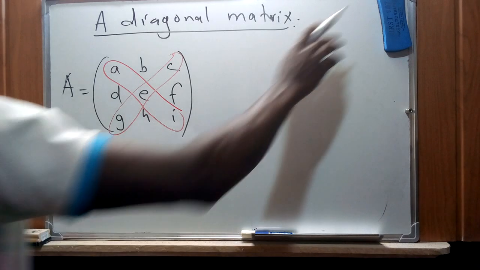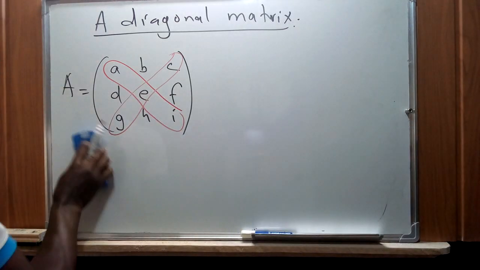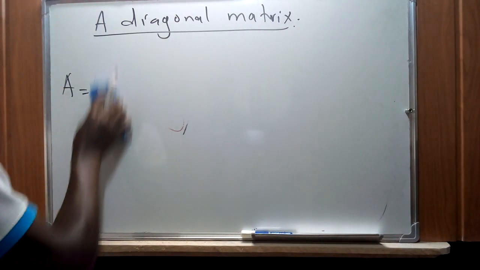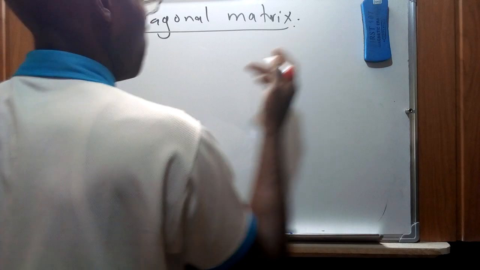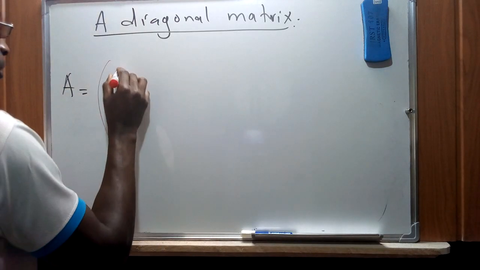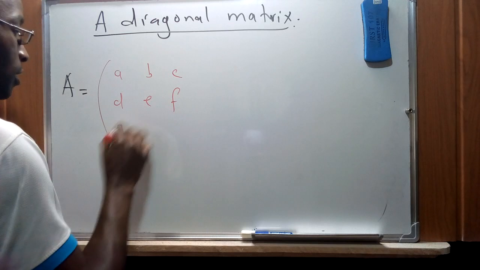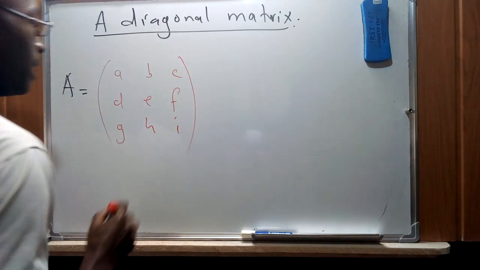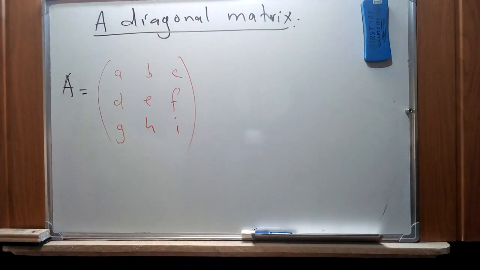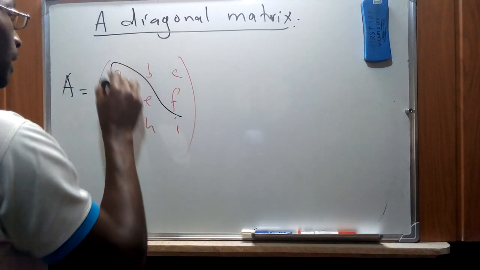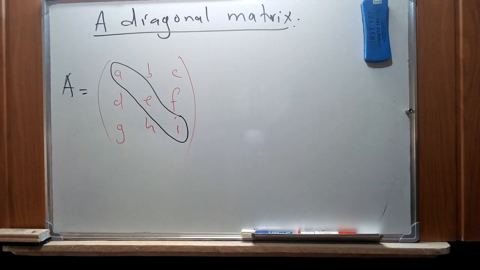But we are going today to look at an arrangement with the elements A, B, C, D, E, F, G, H, I, and we're going to look at this diagonal, the one running from the top left to the bottom right.